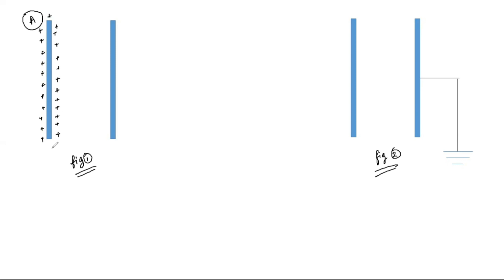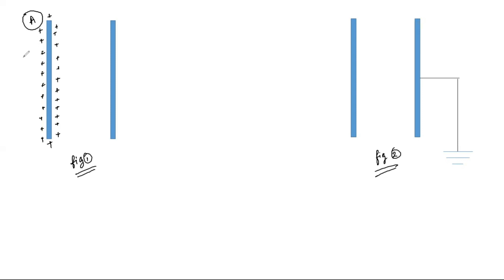Since the potential for metal plate A is maximum, it cannot take any more extra positive charge, because every conductor can take a very limited amount of charge and will attain a maximum value of electric potential.